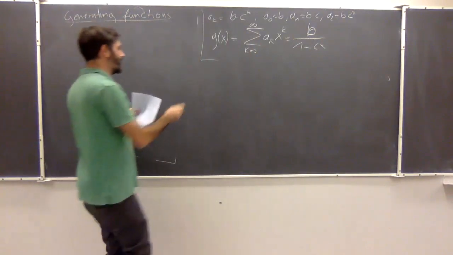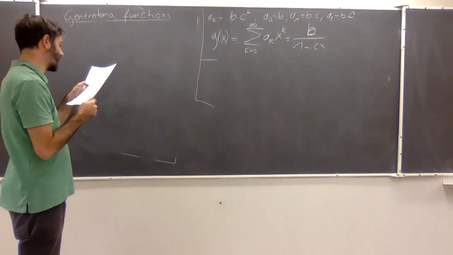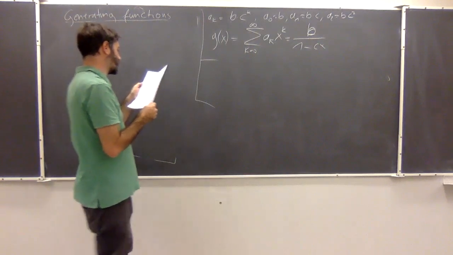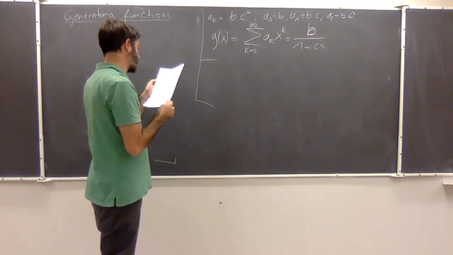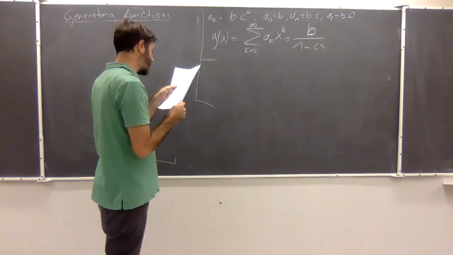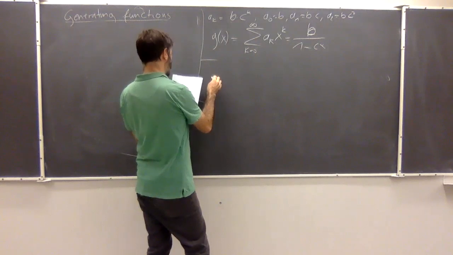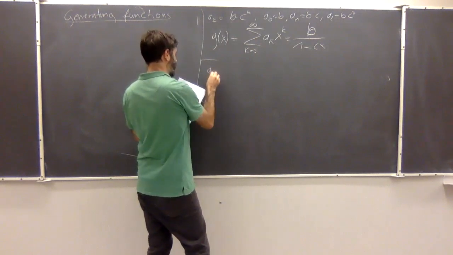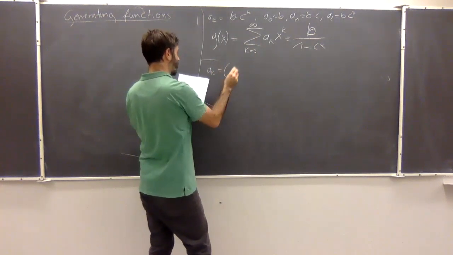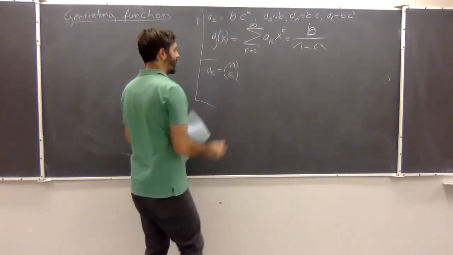And then it's maybe nice to have 2 more examples, but we are not going to do much more than that. So the next one I wanted to write down is you start from a_k equal to n choose k.